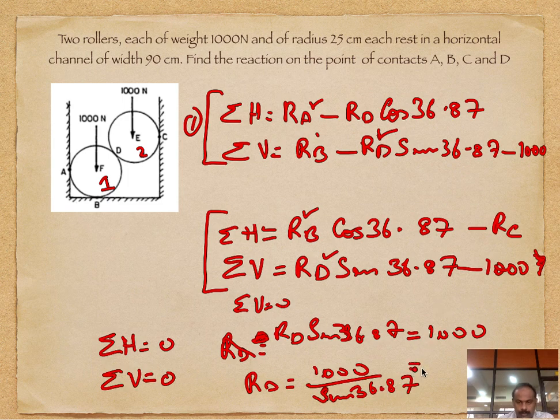You get the value as 1666.6 Newton. So this is your first value. Now we know RD. Once you know RD, we put that RD into the next term which we need to find. We can put it in either equation and find either RA or RB.